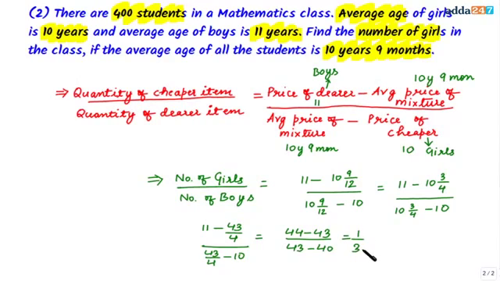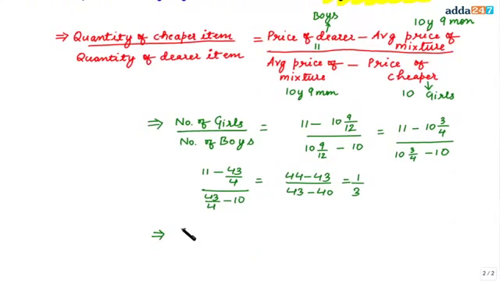So finally we will get this equal to 1 by 3. So number of girls divided by number of boys is 1 by 3. This implies here ratio of girls to boys is equal to 1:3.